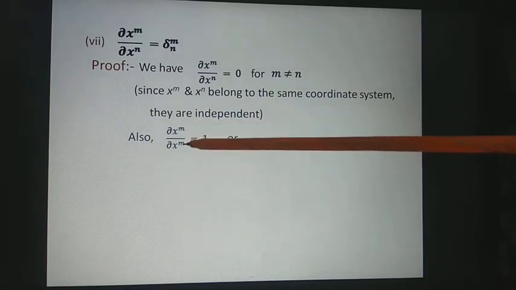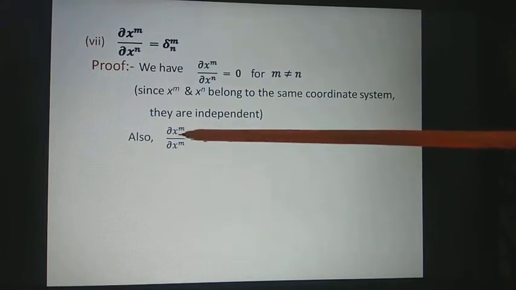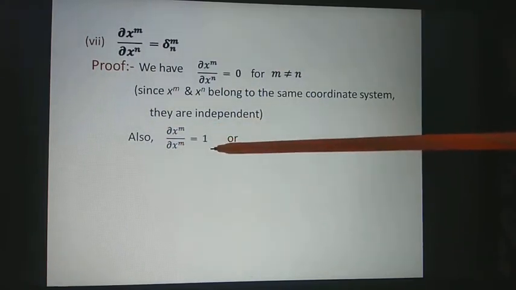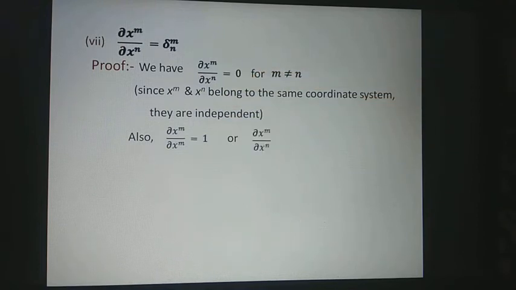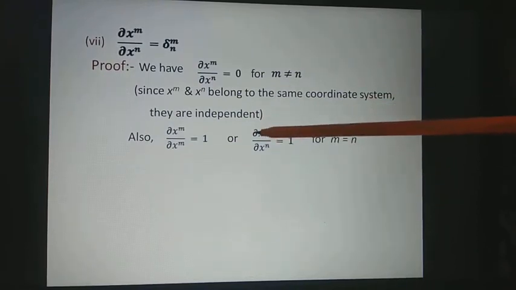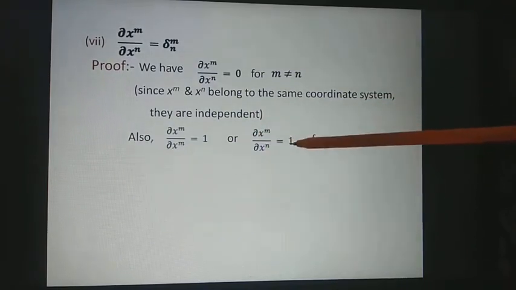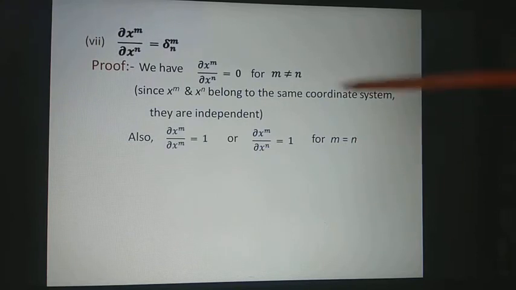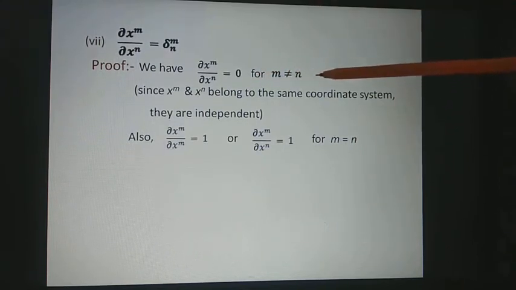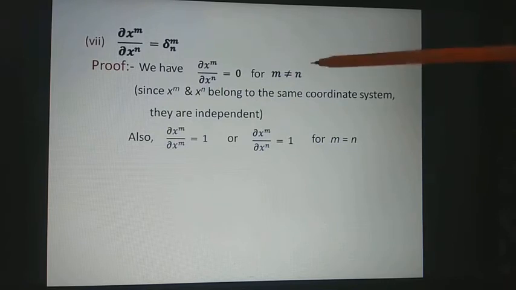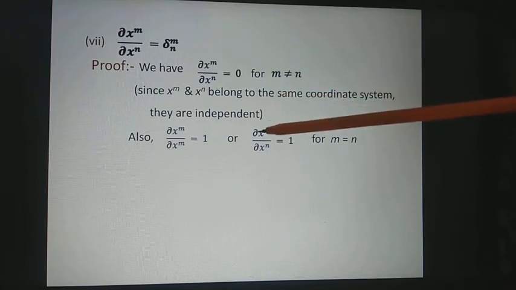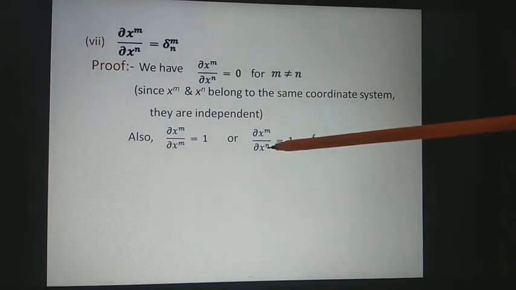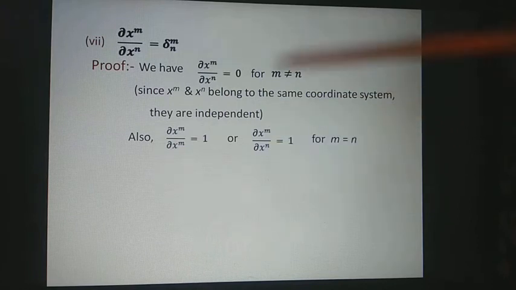Here both the suffixes are equal, so del xm by del xn equals 1 for m equals to n, and this is 0 for m is not equal to n, which is similar to the definition of Kronecker delta, and therefore we can write this del xm by del xn as Kronecker delta mn.